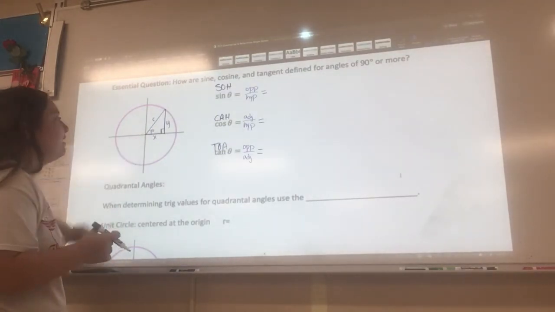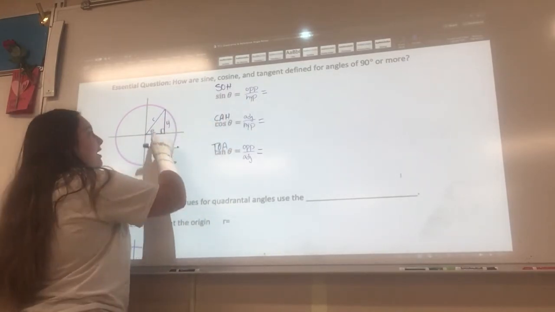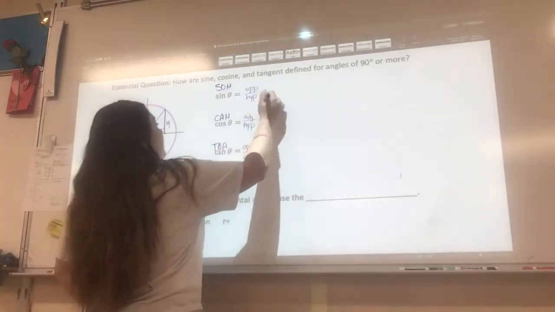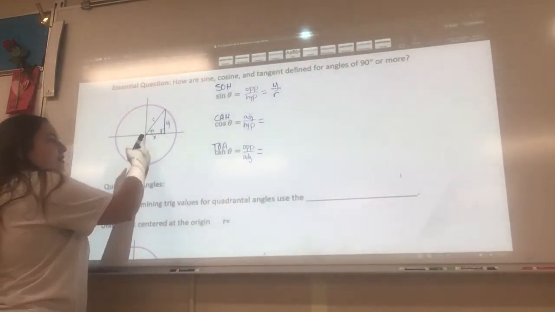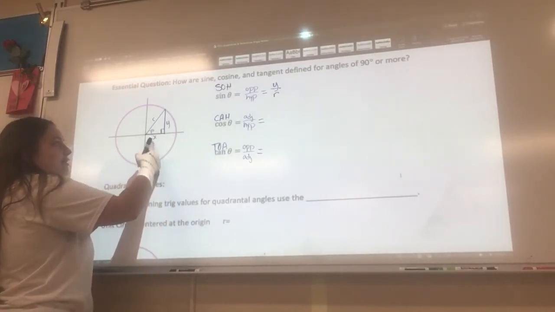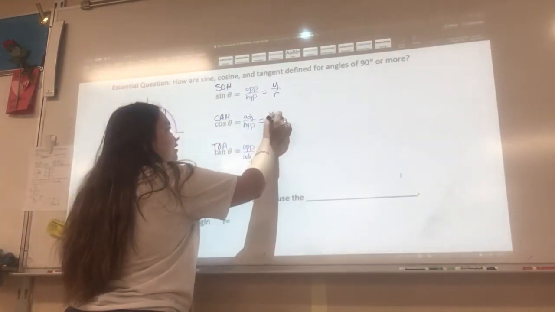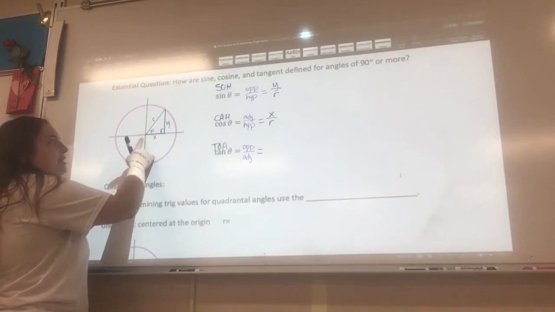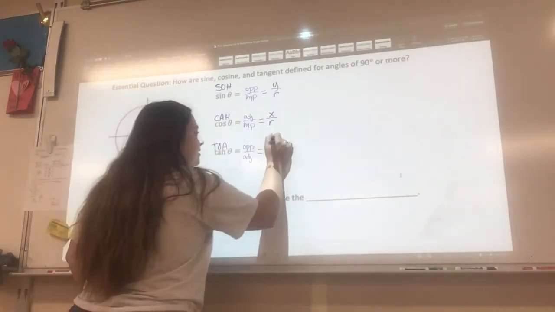Once we know this angle, opposite is y, and our hypotenuse is r. So sine is the same thing as y over r. Using that same idea, cosine, adjacent over hypotenuse, is the same thing as saying x over r, and tangent, which is opposite over adjacent, is y over x.